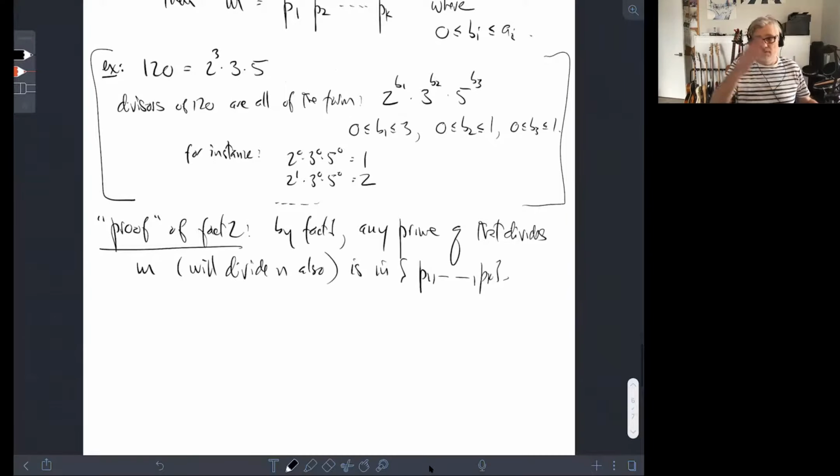If Q divides M, and M divides N, then Q divides N, and the first fact says it must be one of those primes. So certainly M must be a product of these primes, since there's no other choice. So it must be of this form.